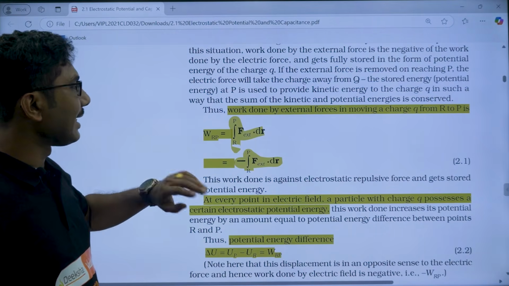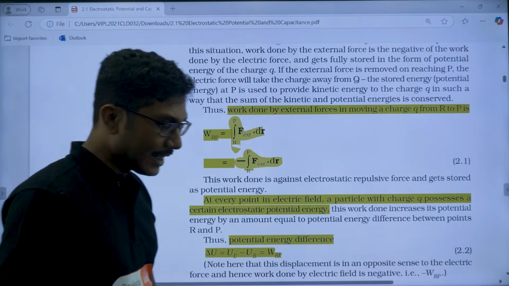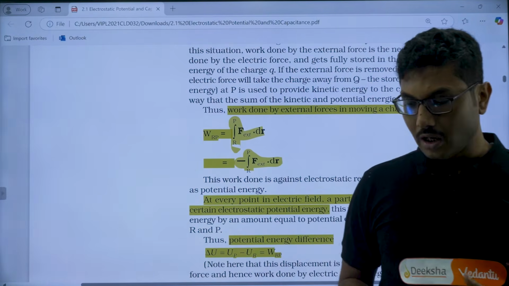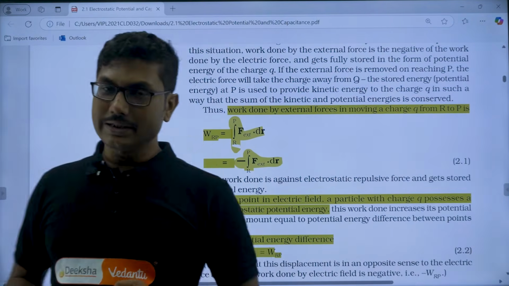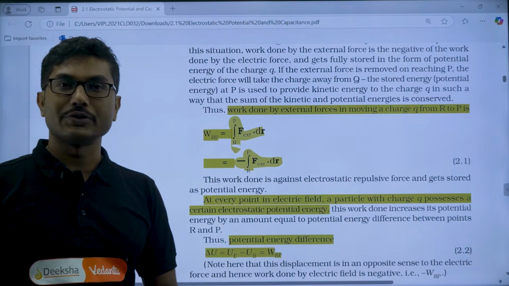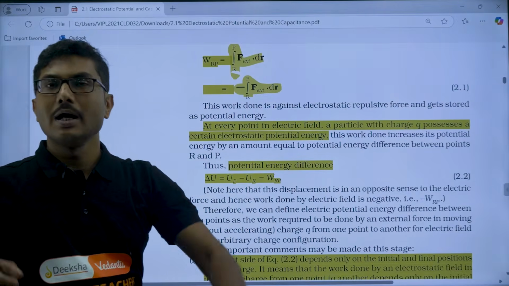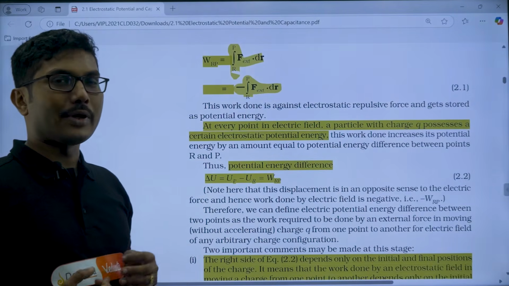This work is done against the electrostatic repulsive force and gets stored as potential energy. The negative sign means it is getting stored as electrostatic potential energy, and the force is repulsive in nature. So dr and F are in opposite directions, hence the negative sign. Even though this is not clearly explained, I am adding whatever extra you need to know.